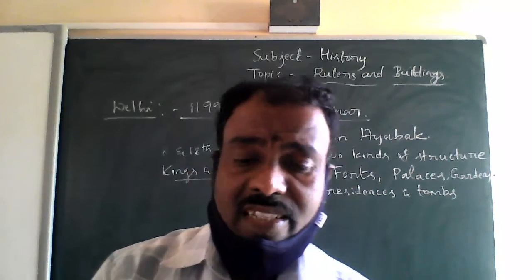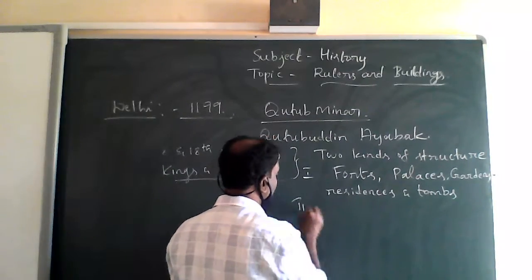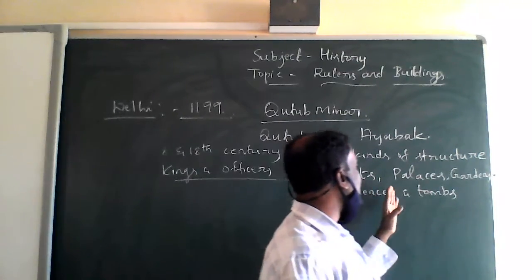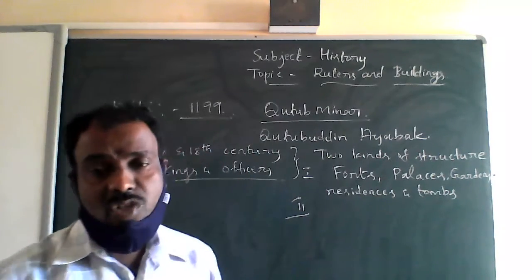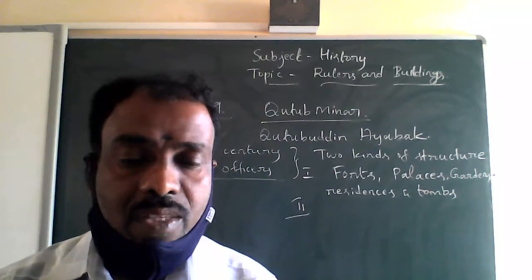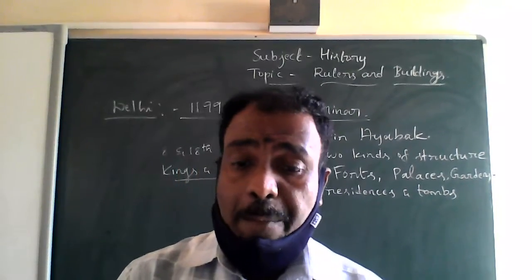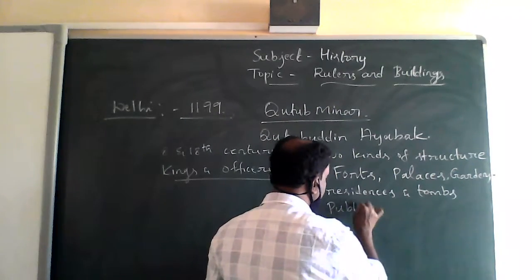So, what were the second structures? The first structures were forts, palaces, gardens, residences, and tombs. The second structures were meant for public activity.